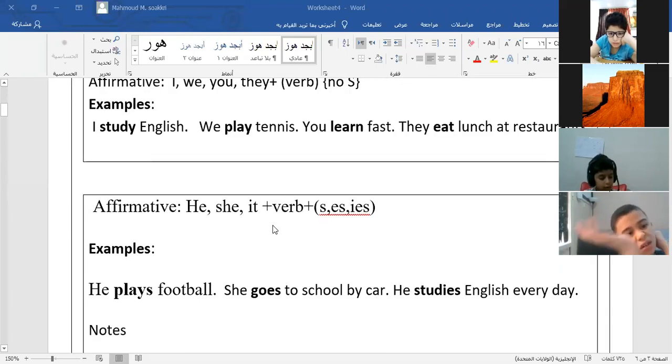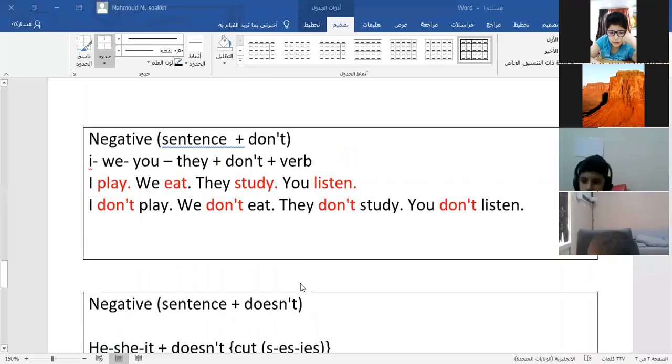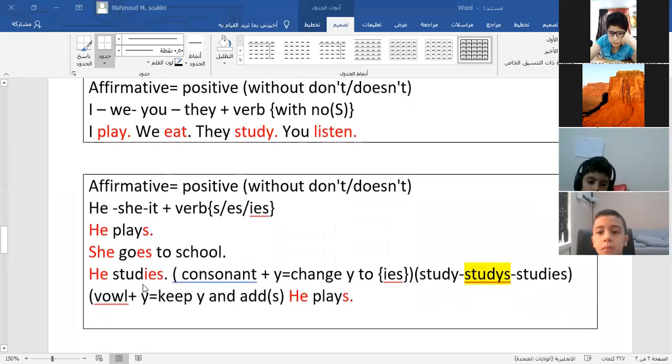But look, Yusuf Khalid, look here. If the verb ends with Y, before Y we have a consonant, we change Y into IES. Let me share it with you. Look here, he studies.